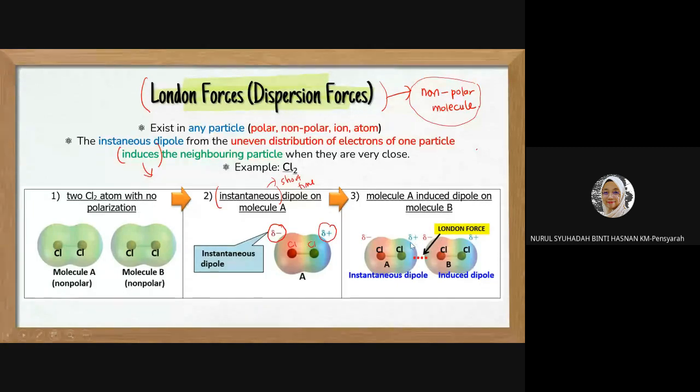So, bila ada polarity pada molecule A yang kat sini partially positive, dia menyebabkan the other one also become partially negative. Kiranya dia akan tarik elektron ke arah dia. Macam tu lah. Okay, so the difference in electronegativity dekat sini, partially positive and partially negative dekat sini akan hasilkan kita punya London forces between the particle. Okay, is it clear?